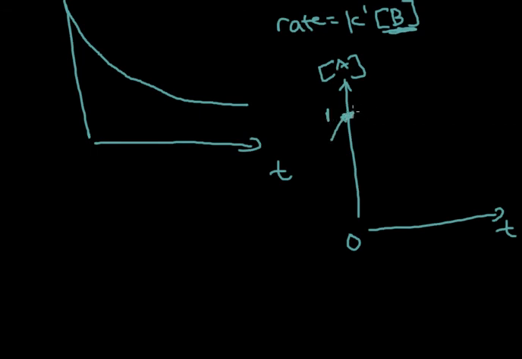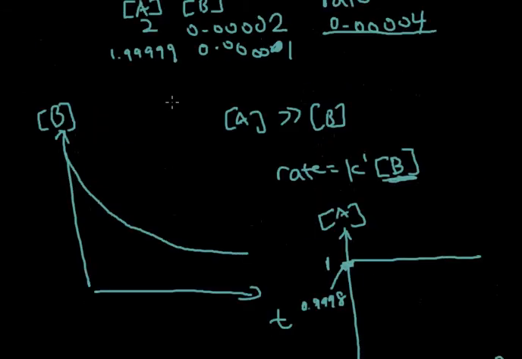So even though it may follow somewhat of a curve, it's kind of constant because 0.99998 is just over here. But for B, it's starting from 0.00001 or 0.0002. So when it drops by 0.001, for A it doesn't make a difference, but for B it makes a huge difference. It's a factor of half. That's why it follows a first order reaction, and then we go on, and it's like T half.